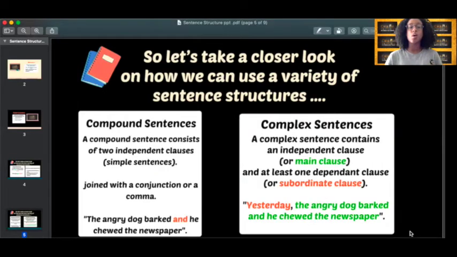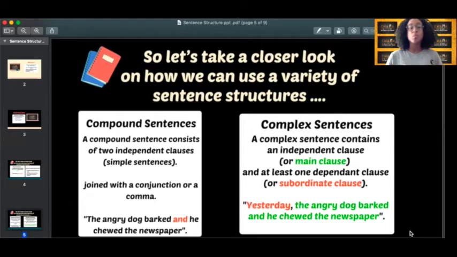Then the second one, compound sentences. A compound sentence consists of two independent clauses. And independent clauses mean they can stand on their own and make sense on their own. It doesn't need any other part of the sentence to support it because it makes sense on its own.